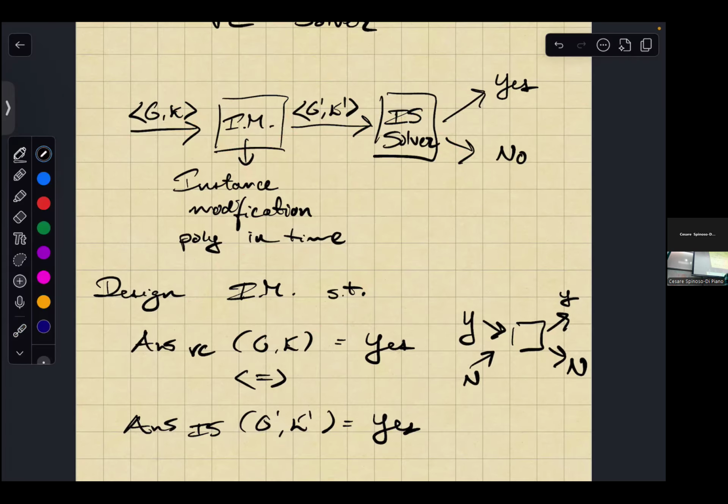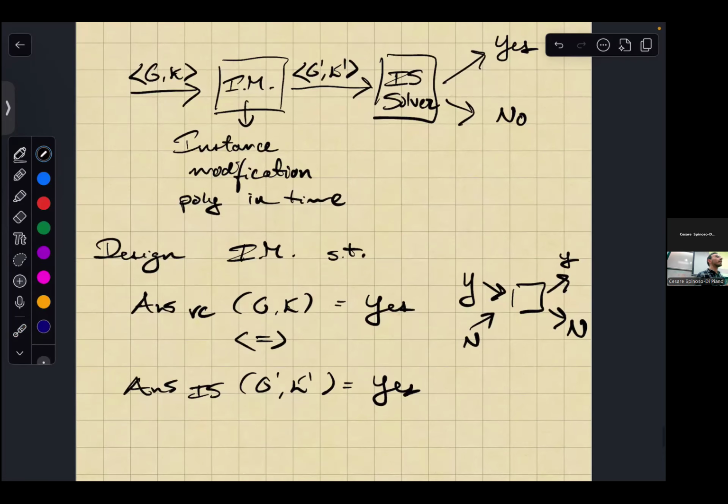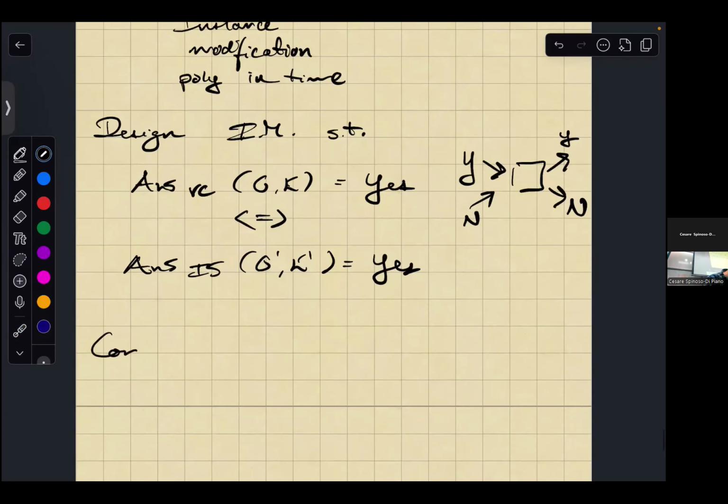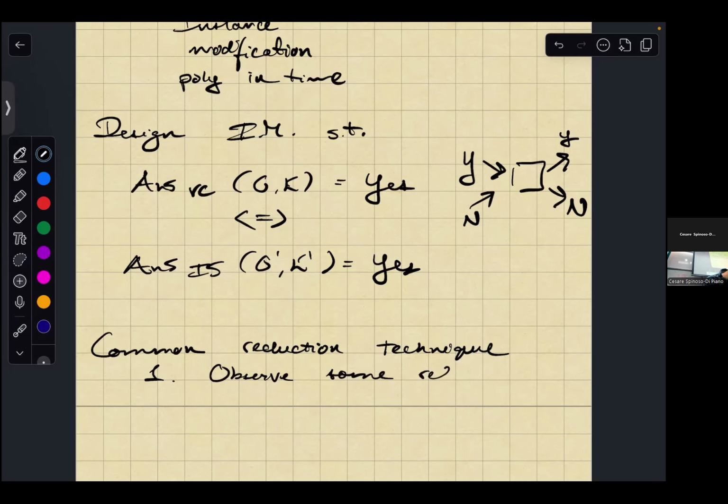And to do this, I'm going to make an observation on the connection between the independent set and the vertex cover problem. This is a common way of doing these reductions. This is a common reduction technique: you firstly observe some relation between the problems.